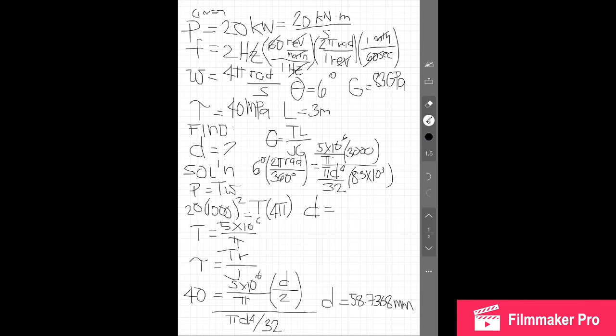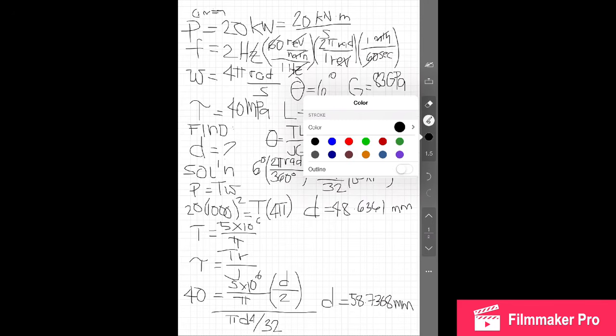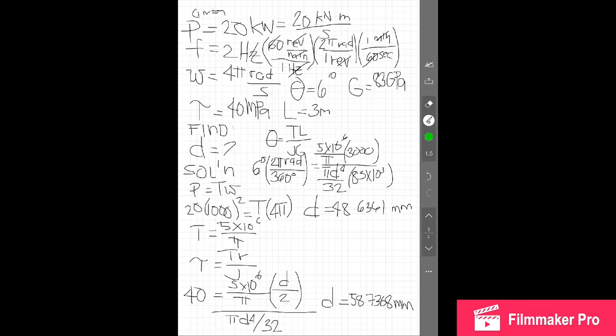Okay. So, lumabas sa akin is 48.6361 mm. Okay, so kung mapapansin nyo, meron tayong dalawang sagot. Una nating napalabas, we have 58.7368, and yung using that angle of twist, ang napalabas natin is 48.6361.